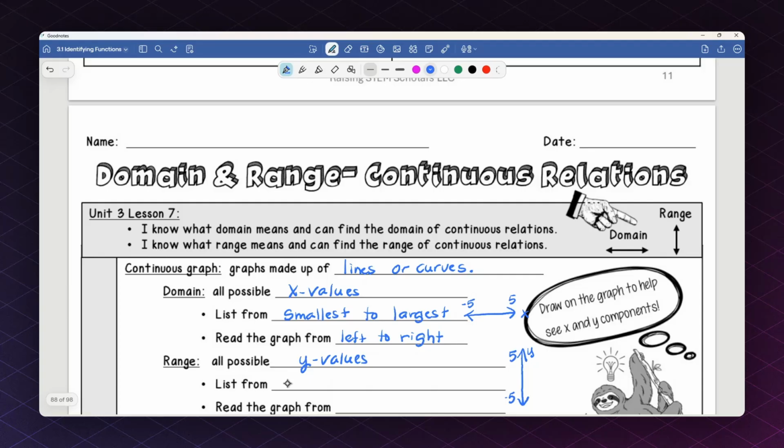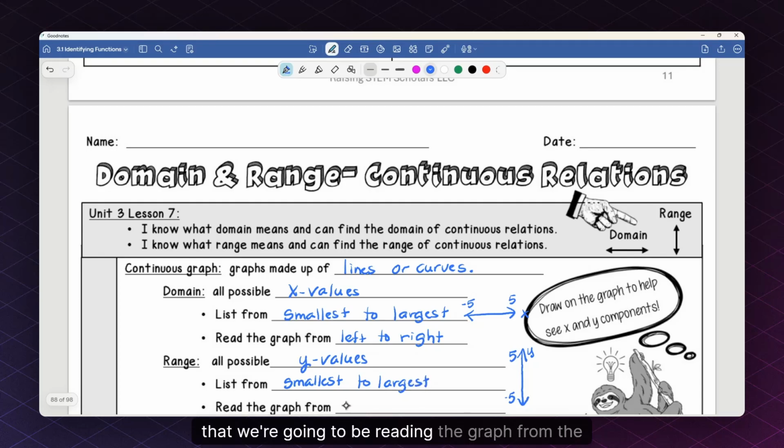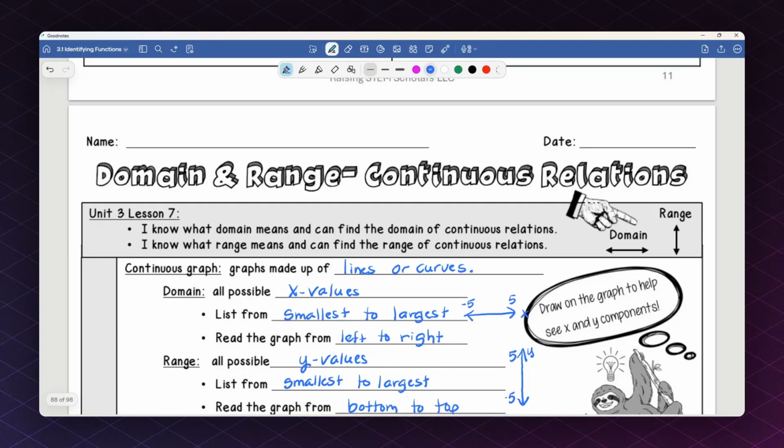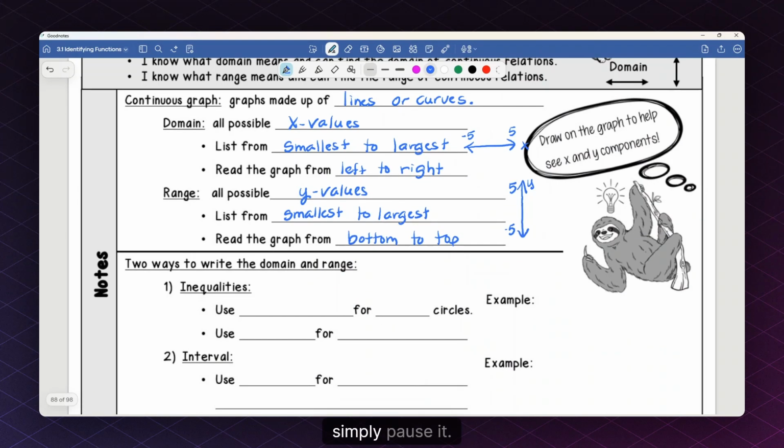So if we list these inequalities from smallest to largest, we're going to be reading the graph from the bottom to the top. Now, I am recording this ahead of time, so if I am going too fast, simply pause it.